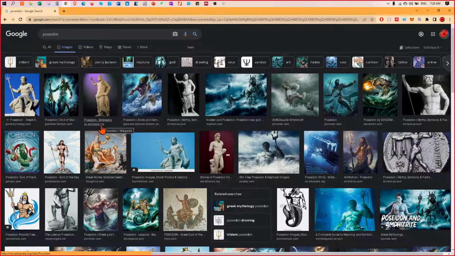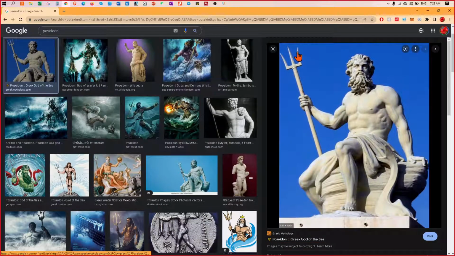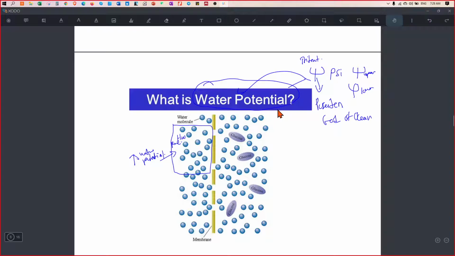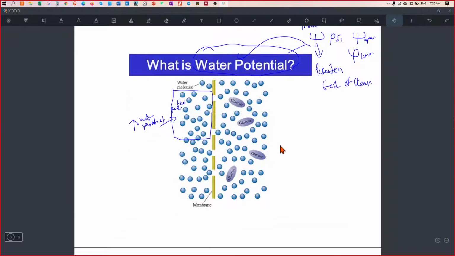Don't think that I want to promote anything religious. I just want to show you. This is why psi is used to denote water potential: in Greek mythology, the trident is the symbol of water, because this guy is the god of the ocean.